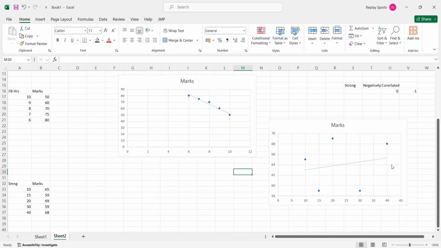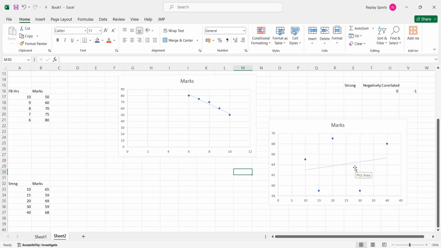The line is going up, slightly positive. This is very, very weak, almost equal to 0. But when you do the calculation, if you calculate the correlation, it will not be 0. It will be 0.1 or 0.2.